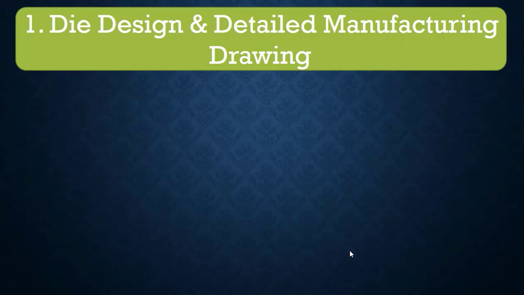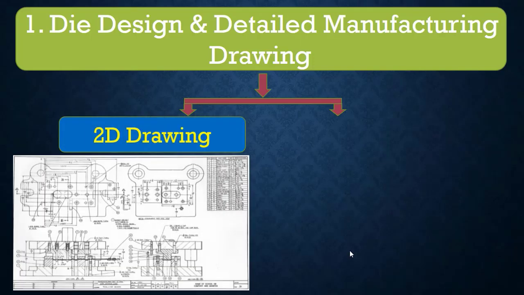Number 1, die design and detailed manufacturing drawings. I have categorized into 2 types. Number 1, 2D drawings. 2D drawings are nothing but blueprints of the die design, where all the details are shown. It consists of die layout, die design details, accessories. Individual accessories drawings are given to toolroom personnel for manufacturing the components of the dies.